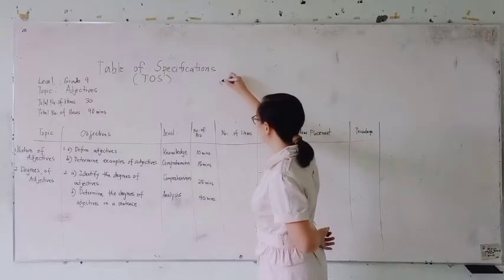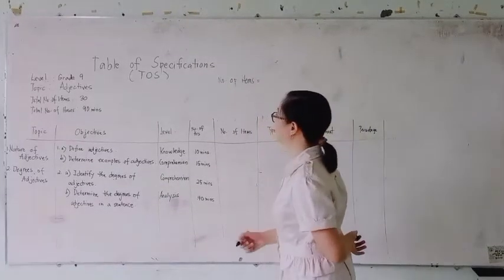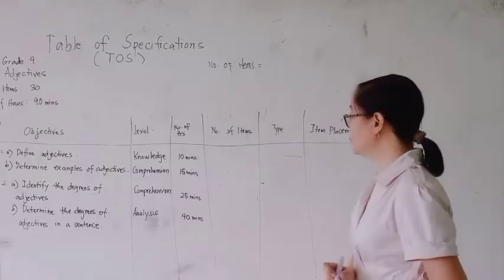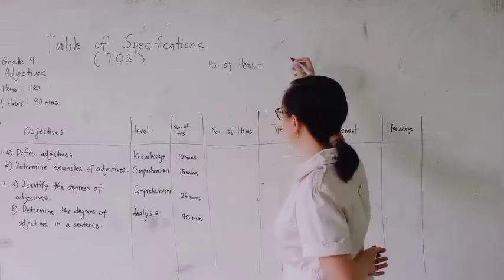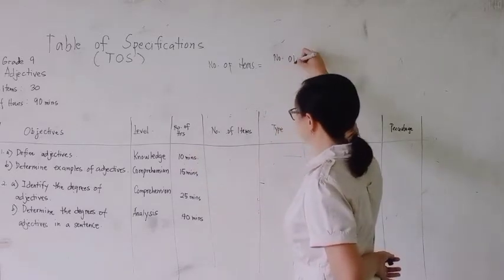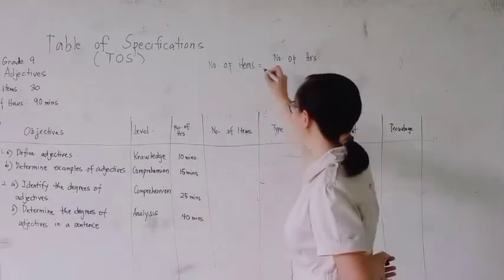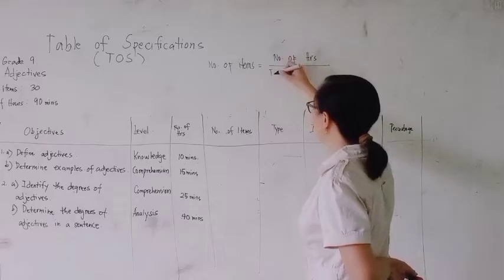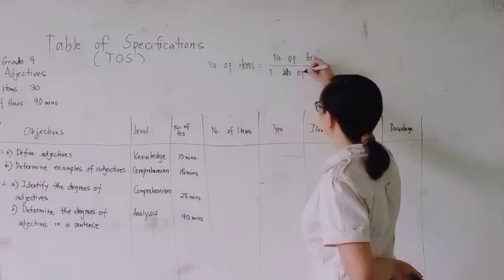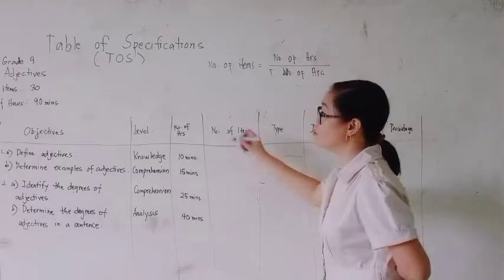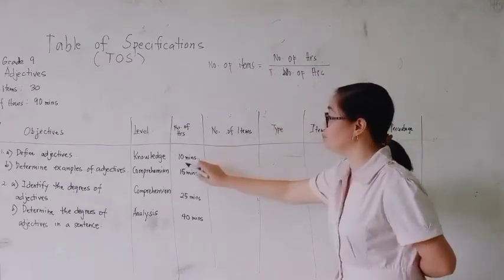Now, how do we compute for the number of items? The number of items is equal to the number of hours spent per topic divided by the total number of hours spent for the whole topic. So meaning, itong number of hours na to per topic.